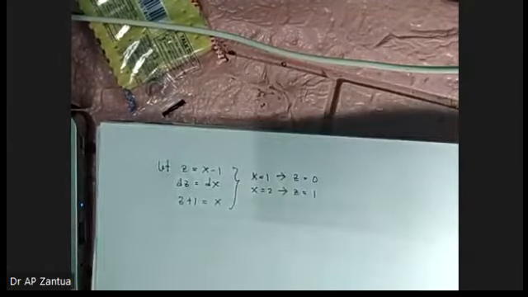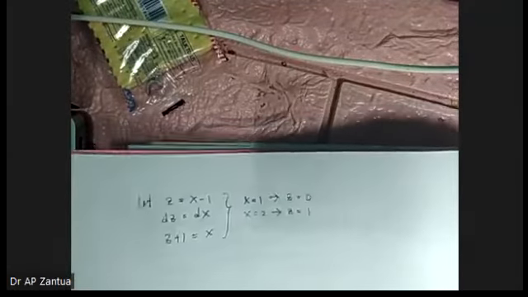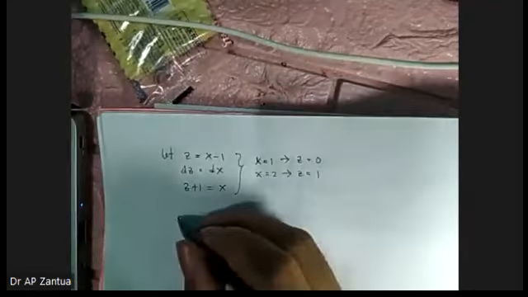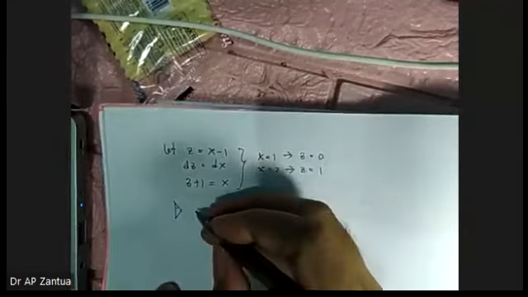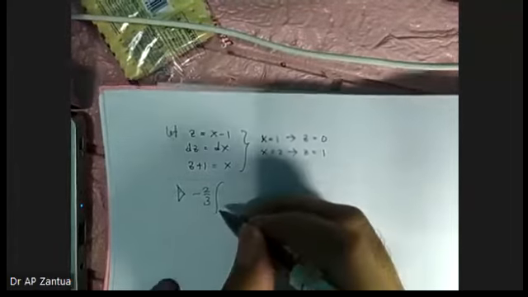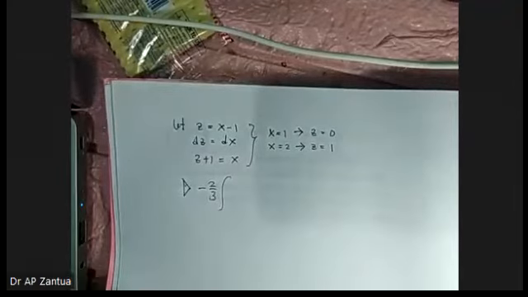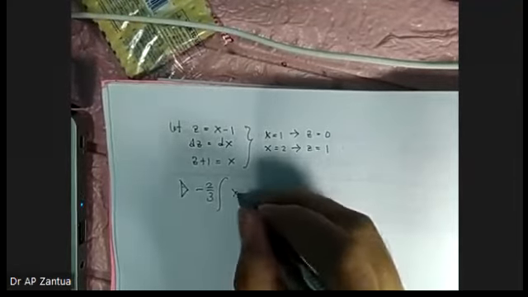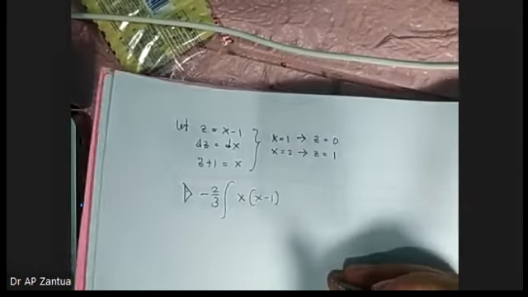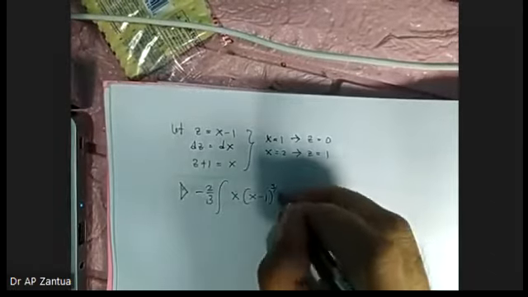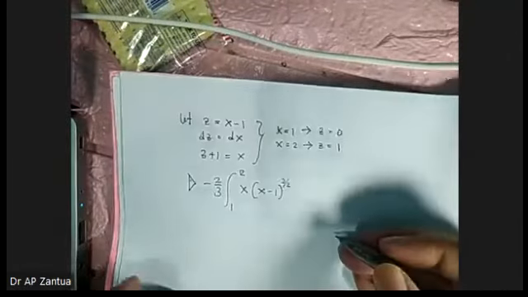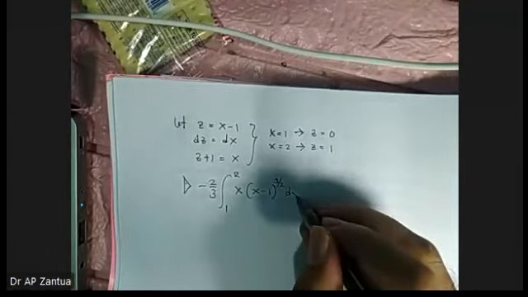Okay, so that's all. Therefore, I will just write it down. I will write down the given, which is negative 2/3 integral of x minus 1 to the 3/2 from 1 to 2, with respect to x.